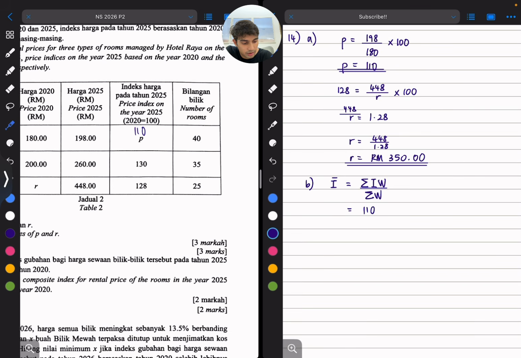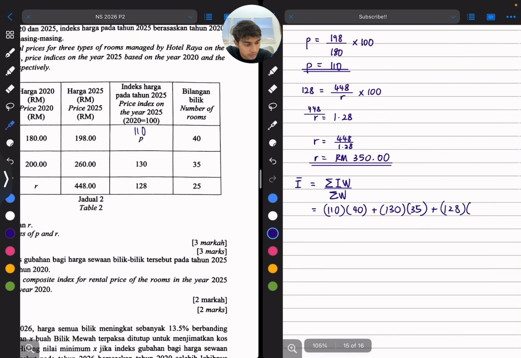So index times weightage plus index times weightage plus index times weightage, divided by the sum of weightage.